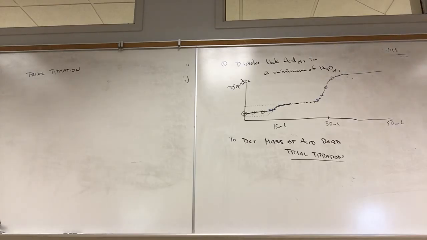But you know, you might guess too many grams. If you accidentally put too many grams in there, you're going to have to do multiple burette loads to titrate it, which takes too much time. Or if you put too little, then you might hit the end point at like 3 milliliters.